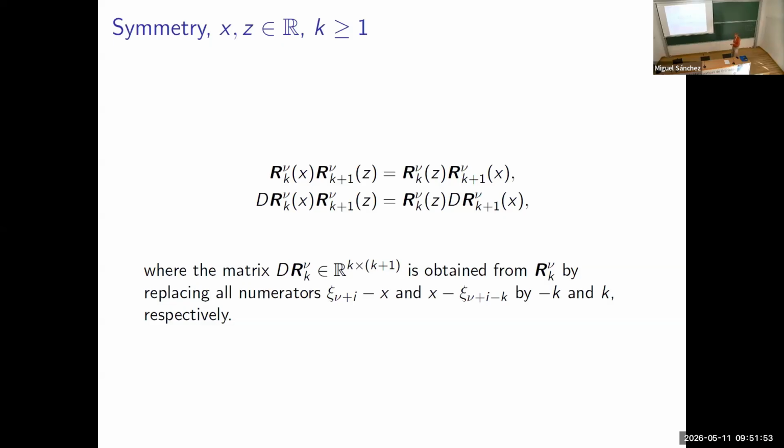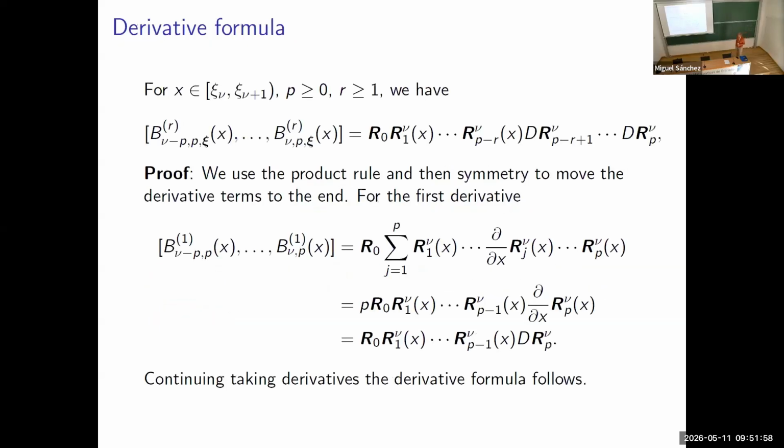Okay, so that's these B-spline matrices. So using that, now we can have an explicit formula for finding the rth derivative of all those B-splines which are non-zero on that interval Cj.